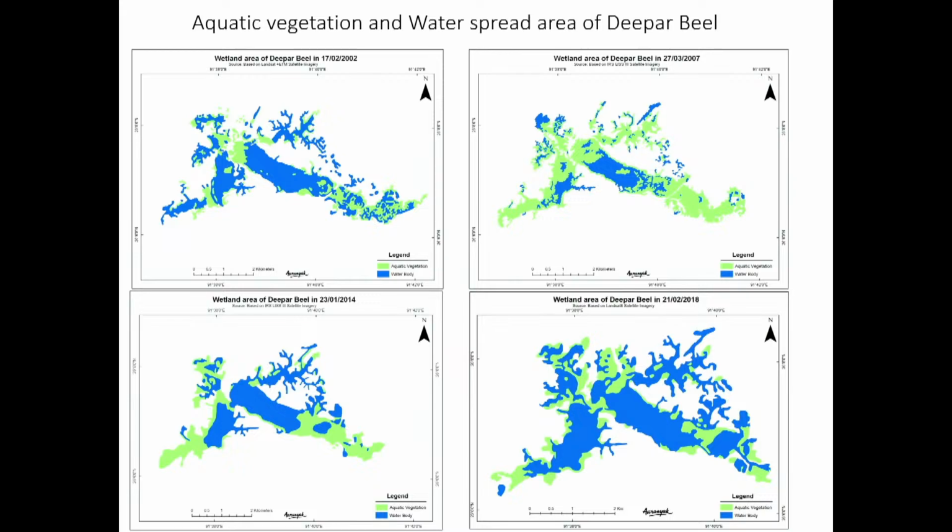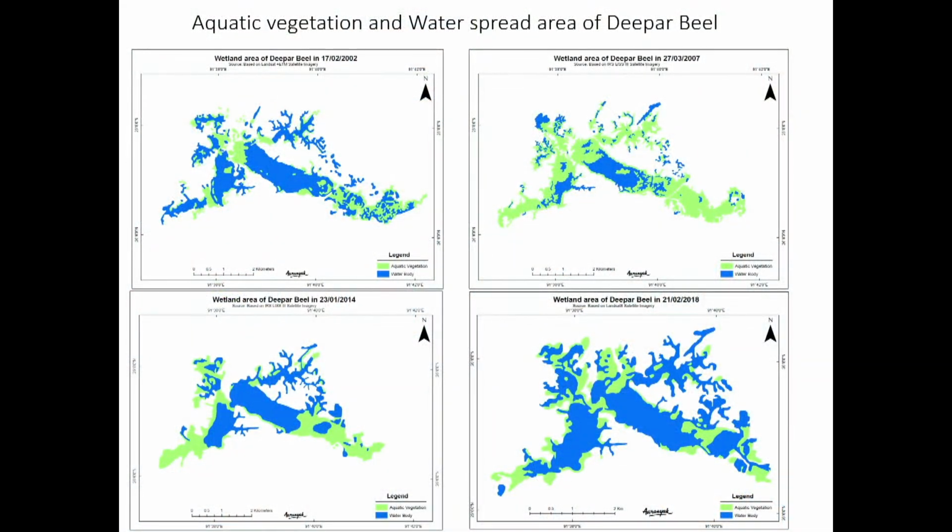So we have to prepare water spread area, पानी कितना है, और एक्वेटिक वेजिटेशन का क्या है, in different years, say 2002, 7, 14, 18, like that.